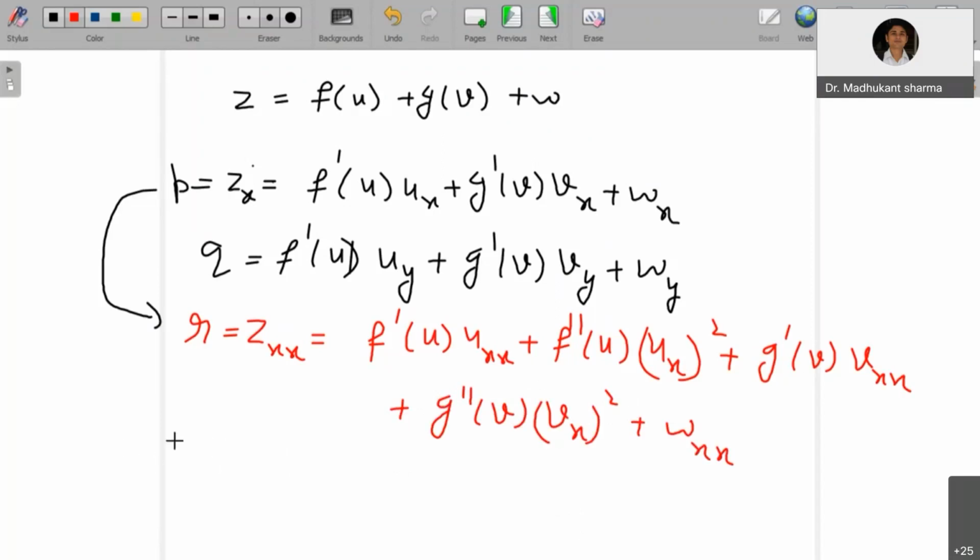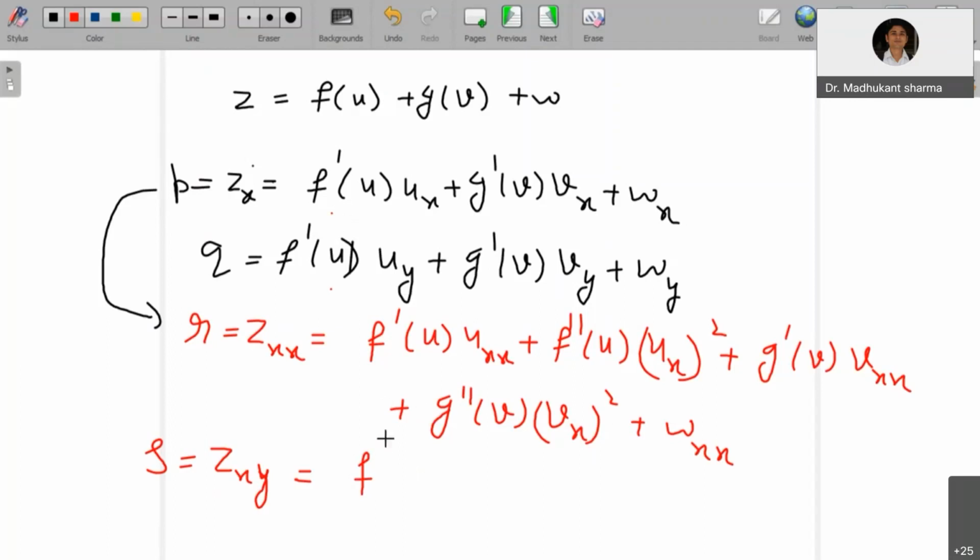Similarly, s is zxy. It's a notation. You differentiate either this or this. We are assuming that everything is fine and the mixed derivative theorem is applicable; those things are already pre-assumed. So here I'm just differentiating this partially with respect to y.